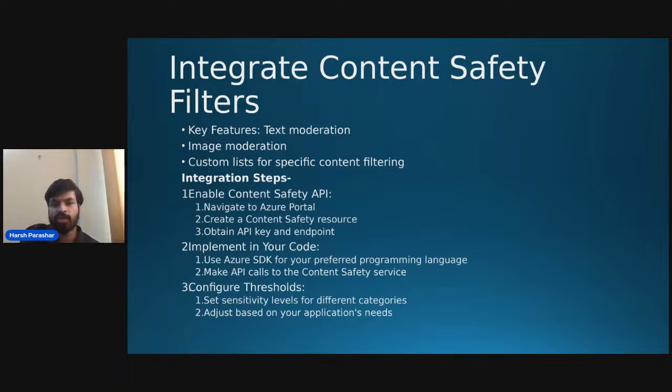Custom lists for specific content filtering are available on the internet. You can check all the custom lists; they are easily available there. Now, the integration steps. Firstly, enable the content safety API, the application program interface. You need to navigate to the Azure portal, create a content safety resource, and obtain the API key and endpoint.